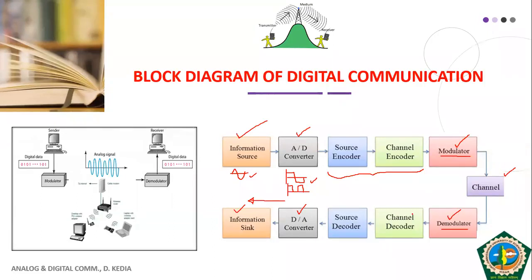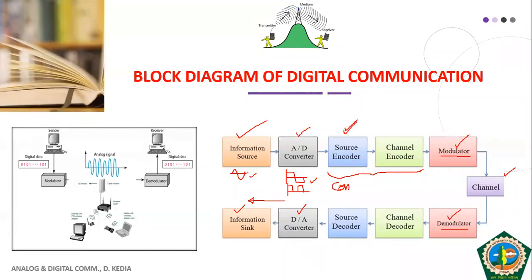Here in the digital communication system, we have a block called the source encoder. Since after the A to D converter our signal has been converted to the digital domain, we use the source encoder to make our signal compact.